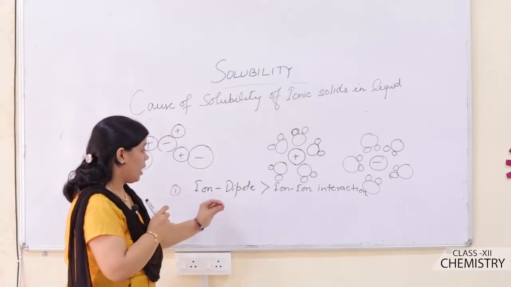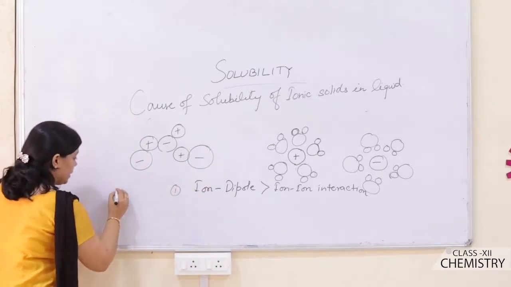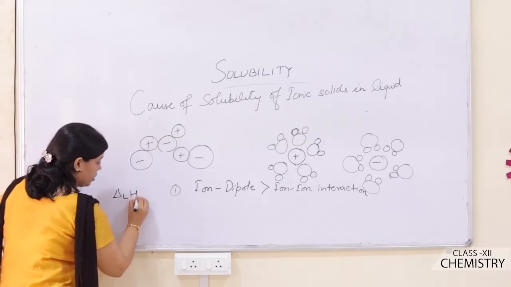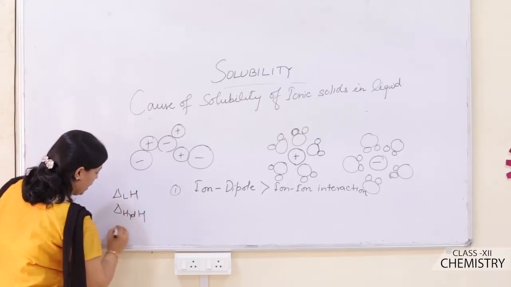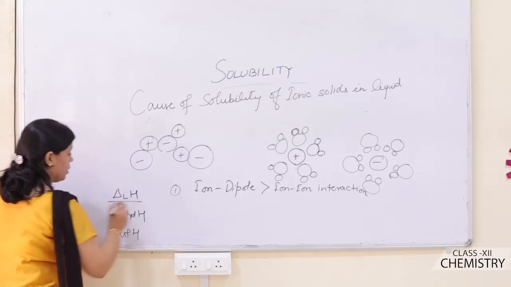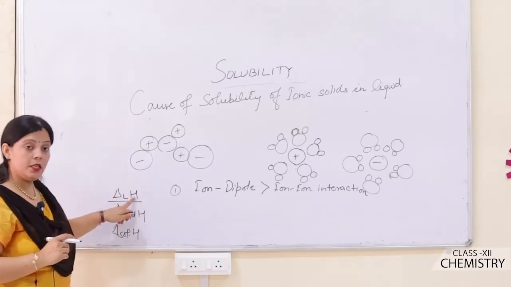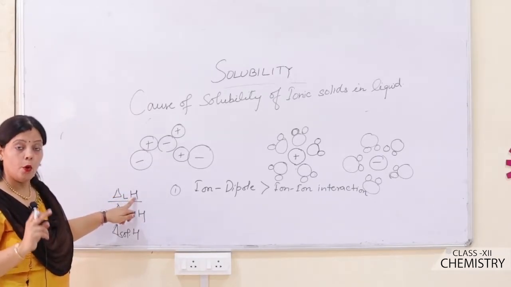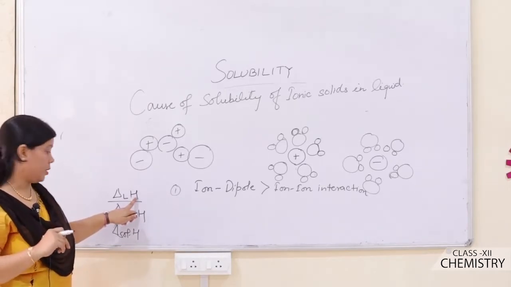Okay, now our next thing is what is delta LH, what is delta hydration enthalpy and delta solution enthalpy. The delta LH is the change in the enthalpy when 1 mole of crystal lattice passes into the solution.